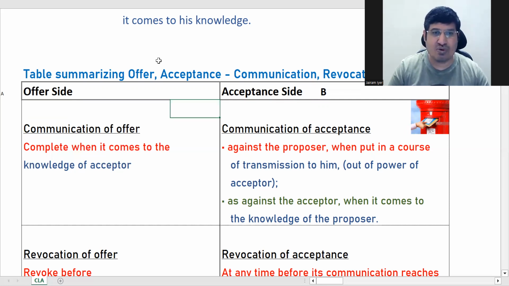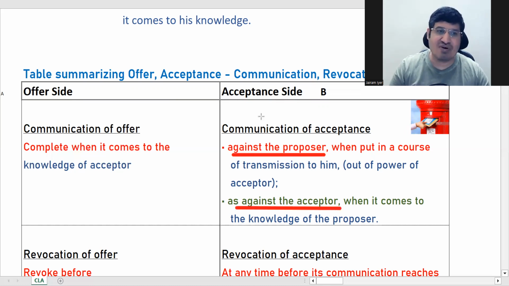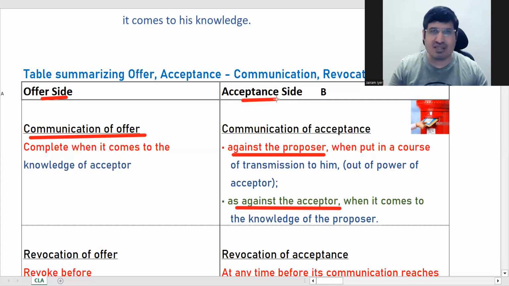as I had told you earlier, here it will be as against the proposer and as against the acceptor. There will be two things. Because with an offer, he is saying something and he has listened. The case is over. You do not have to see two things, since when the offer originates there is nothing else at that point of time.